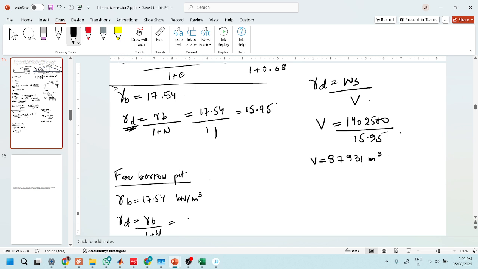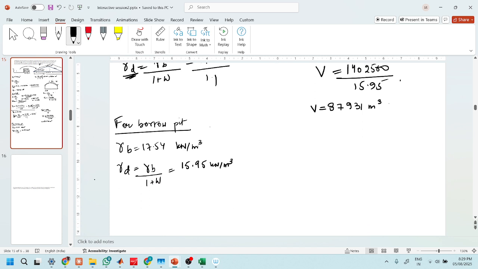Okay. And from here, we calculate the volume with the solids, gamma d and 0.06.